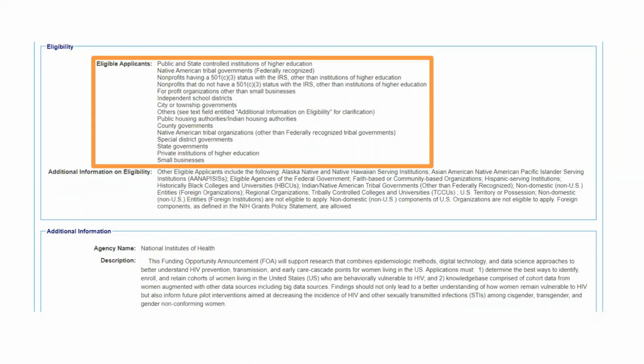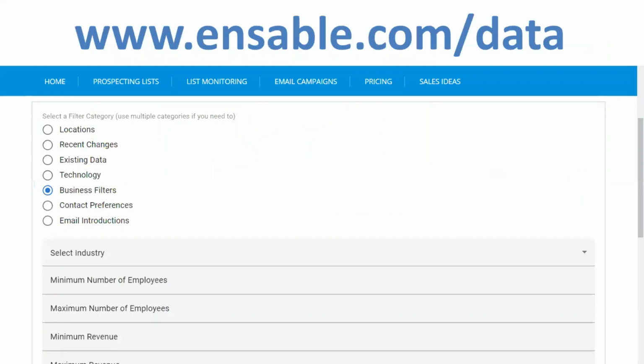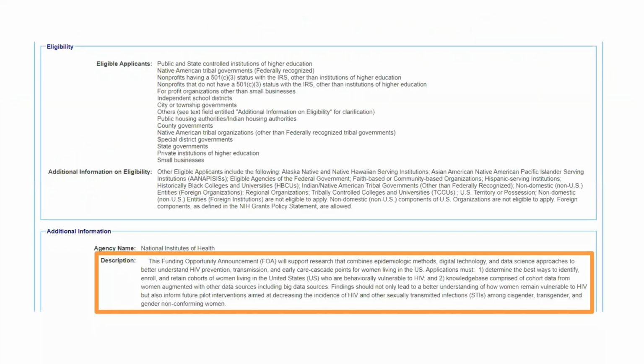So you can take any of those organizations and plug them into ensable.com/data using the business filters, and that would allow you to find any local companies or any companies across the country that fit that criteria. You can layer on other variables such as location, which, in addition to timing, is one of the more valuable ways to help reduce customer acquisition costs by reducing proximity to your prospects.